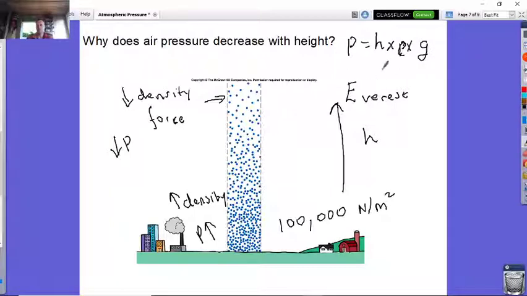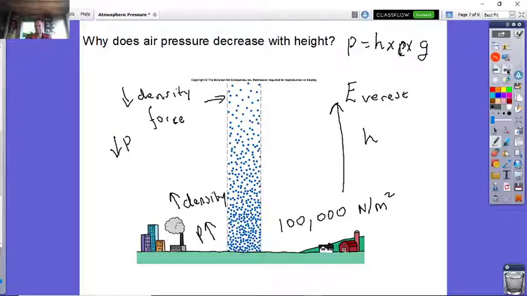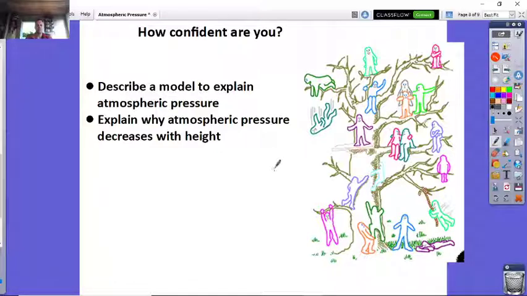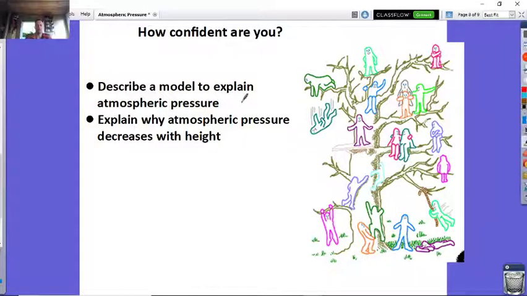If you've got a greater weight above you, you're going to have a greater pressure, very similar to liquid pressure. So what I've done for you is describe a model to explain atmospheric pressure, and I've also explained why atmospheric pressure decreases with height. Hope you enjoy the video.